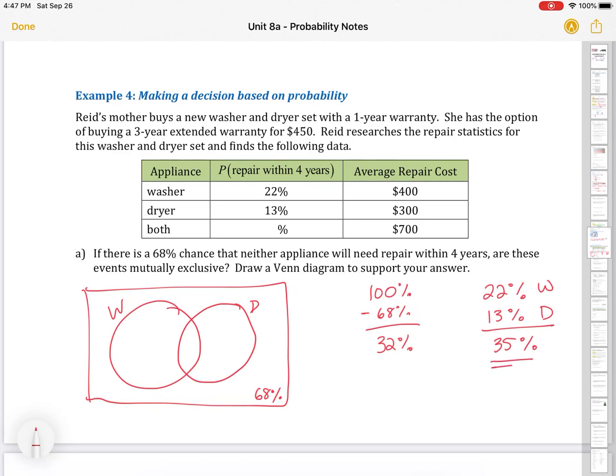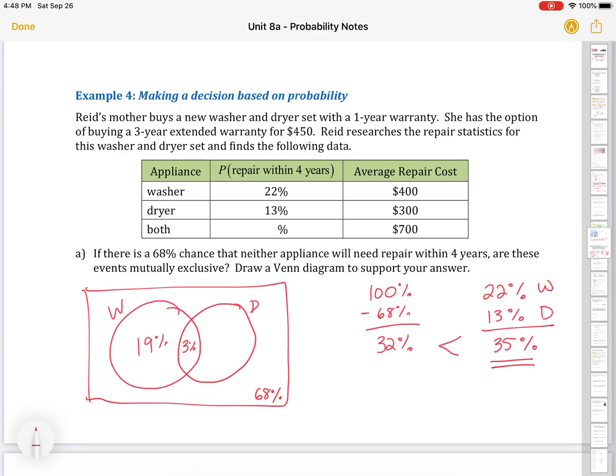Now, take a look at this. If I take my 22% for my washer and my 13% for my dryer, they add up to 22 plus 13 is 35%. So they are not mutually exclusive. Because this 35 is greater than the 32%, that means we've got an overlap, and the overlap will be the difference, so it'll be 3%.